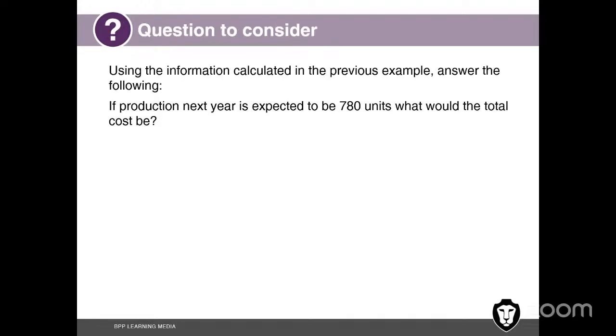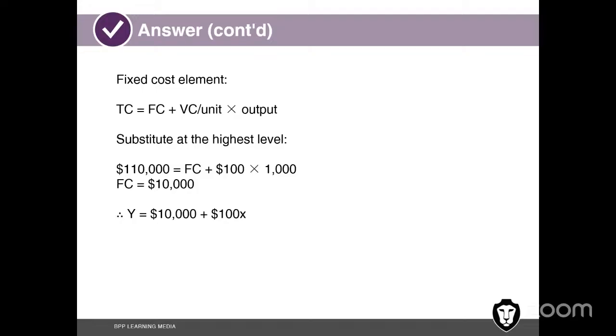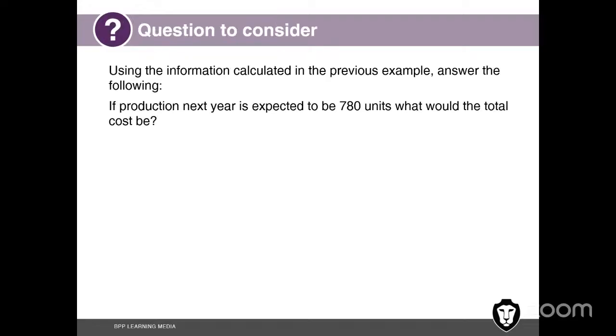So for example, in this one, they ask you, what if they expect to produce 780 units? What will be the total cost? Remember, this is the equation, right? 10,000 plus 100x. So if they want to produce 780 units, what do you expect the total cost to be?